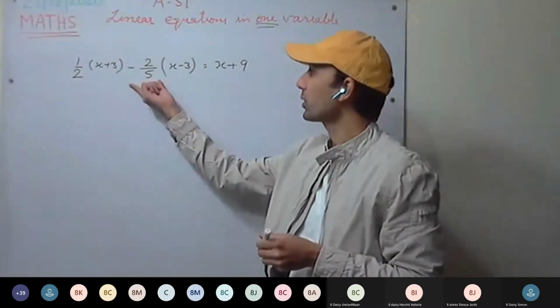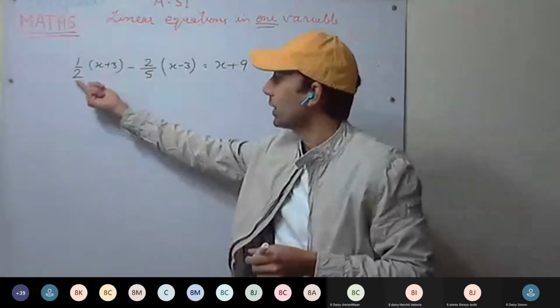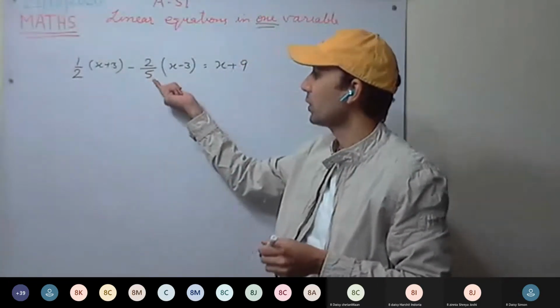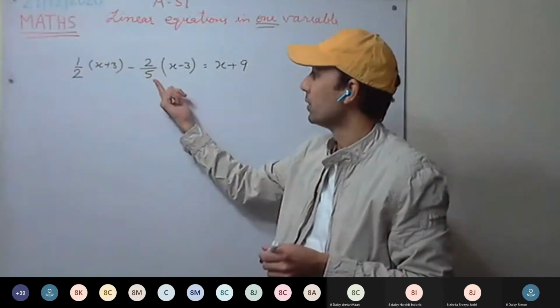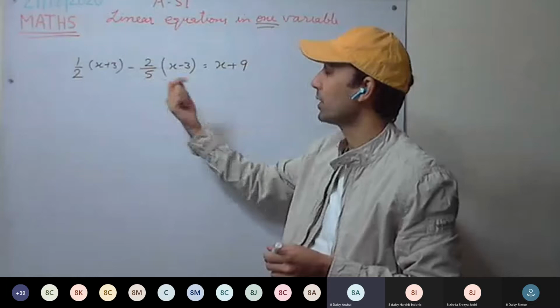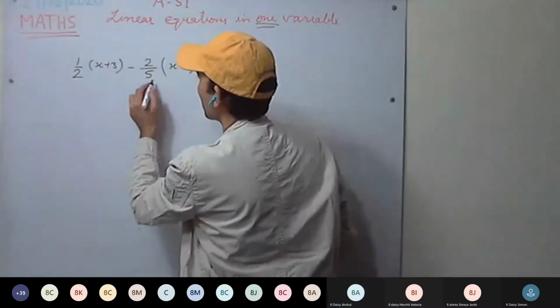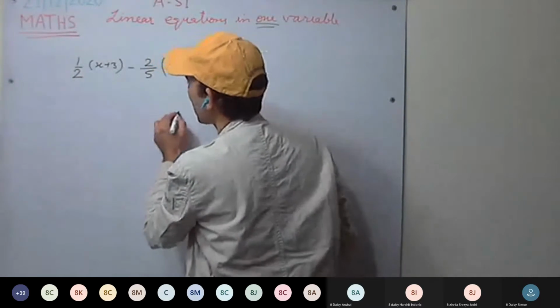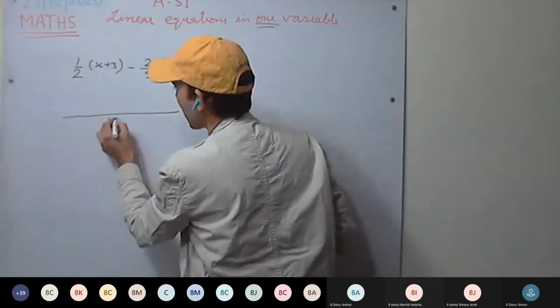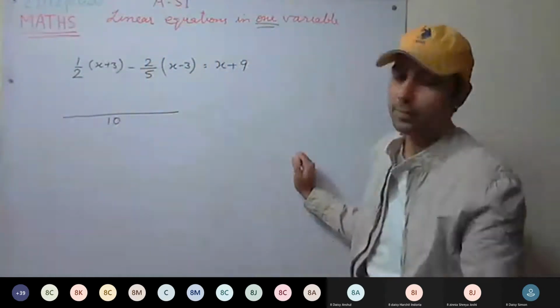Left hand side we solve first, then we use the right hand side. So here 2, here 5. Should we take the LCM? 10. So LCM will be 10. That means x plus 3 has to be multiplied by what?